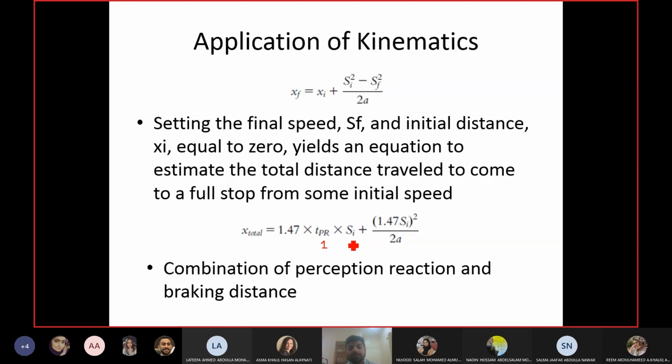So this value is 1, this value is 25, and this is 11.2.